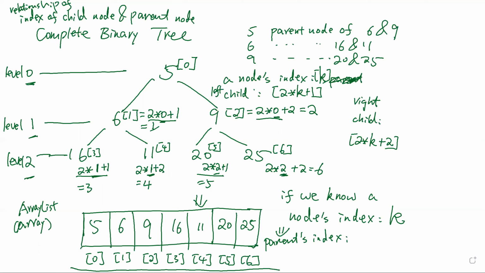The parent index can be k minus 1 divided by 2, using integer division. So you can always have this kind of relationship regarding the index.